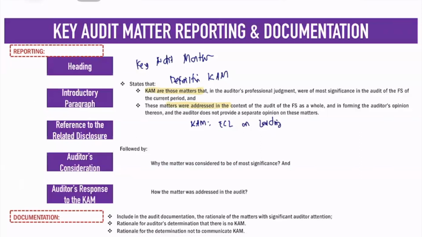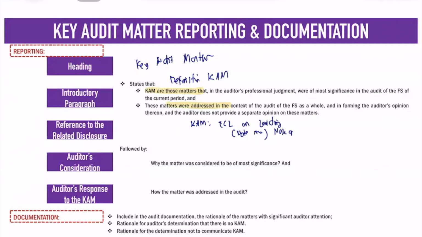Let's say that lending is in note so-and-so. So you place there that the key audit matter is the ECL on lending, and you place the reference to the related disclosure on that ECL. Normally the ECL reference is based on your notes; whatever the note number is, you put it there. For example, if it is note number 9, then refer to note 9.